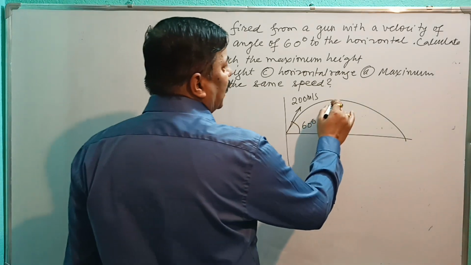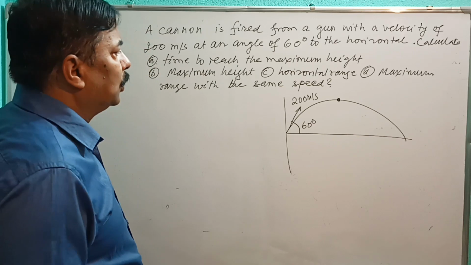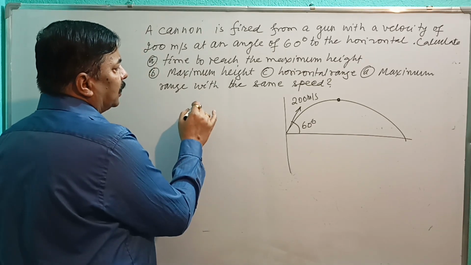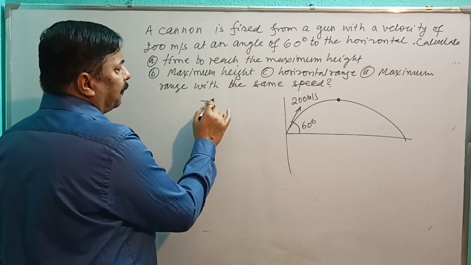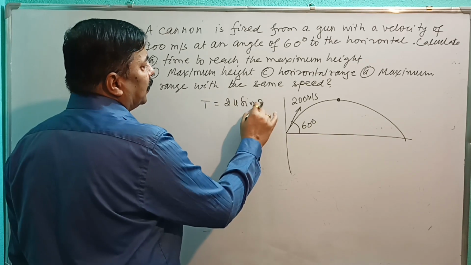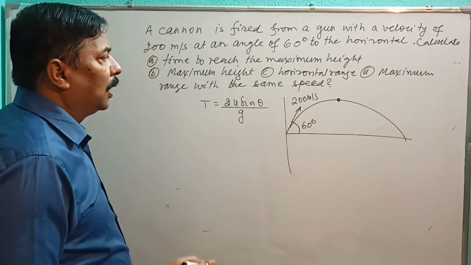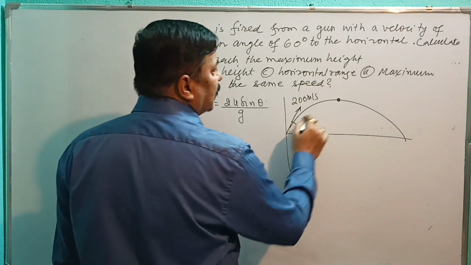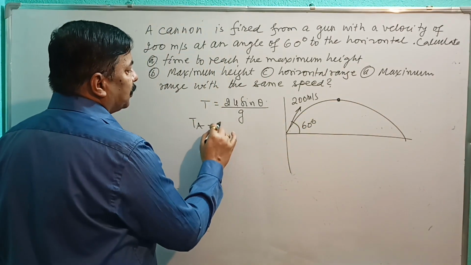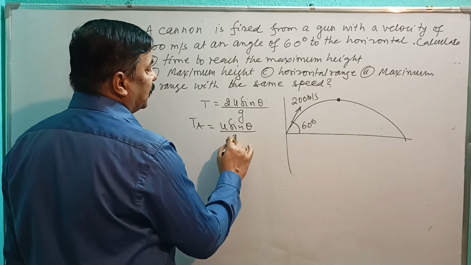Now what is the time to reach this maximum height? You already know, as I have discussed, that time of flight is 2u sine theta by g, and this is time of ascent. So TA must be equal to u sine theta by g.